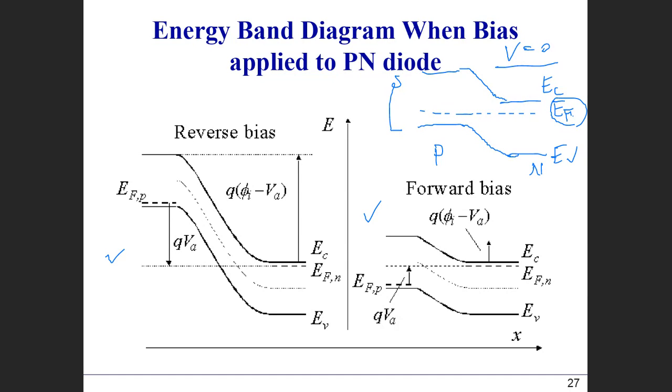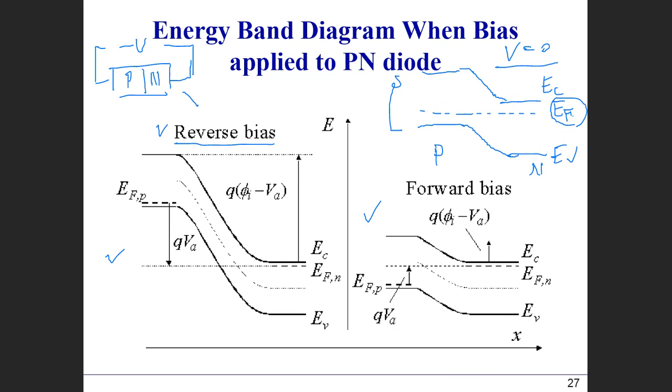So first, let's look at the reverse bias. Reverse bias, as I mentioned, is when you have the PN diode and, compared to the N side, you apply the negative potential on the P side.